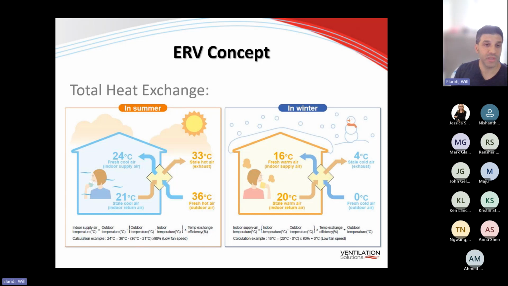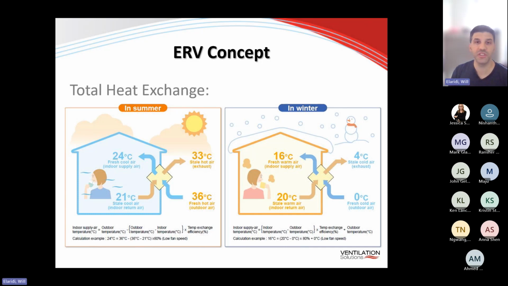Typically 36 degrees Celsius hot air from outside is pre-cooled down to 24 degrees Celsius. And in the winter time, it's pretty much reversed. Instead of pre-cooling, we're doing a preheat. So 0 degrees Celsius coming into the space passes through the heat exchanger and is preheated up to 16 degrees Celsius. What that does is put less load on your mechanical equipment to do heating or cooling, which reduces the operating costs, of course.